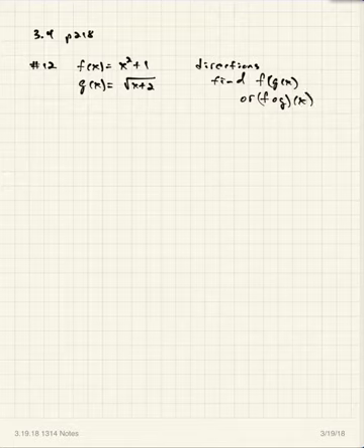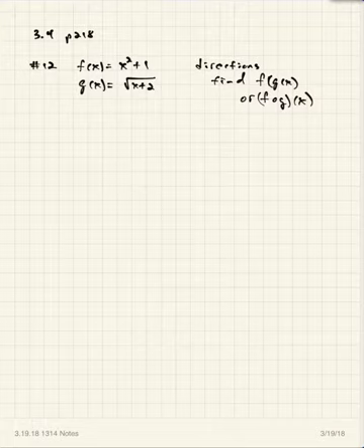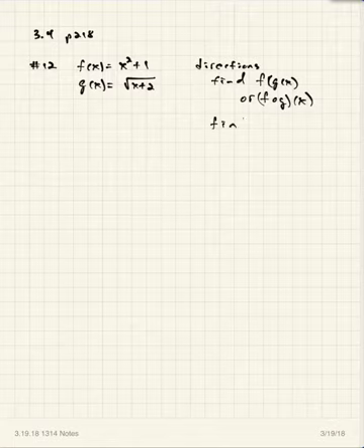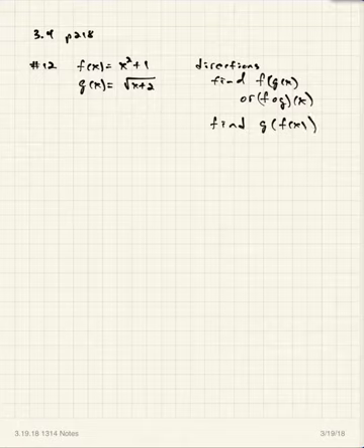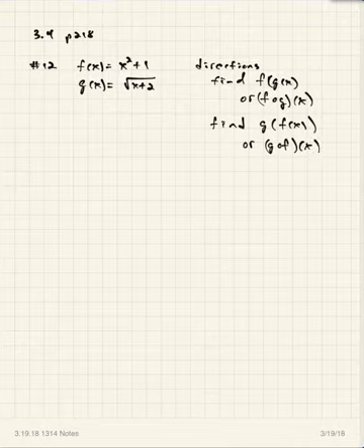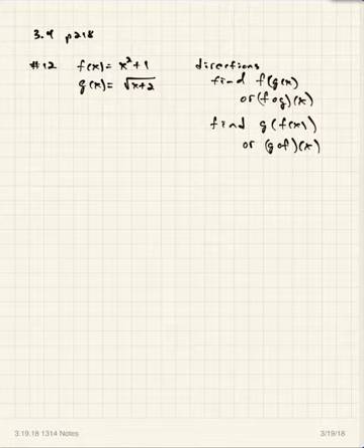So make sure that you know that f of g of x and f circle g of x mean exactly the same thing. And the directions also say find g of f of x. And so that would be g circle f, or g composed with f of x. All right, so they're asking us to look at both composition functions. Okay, so let's do the first one.